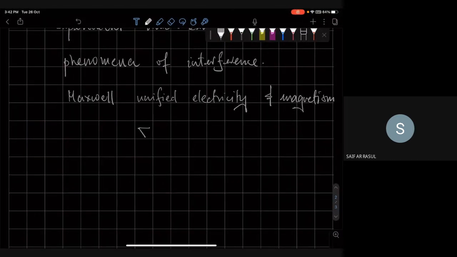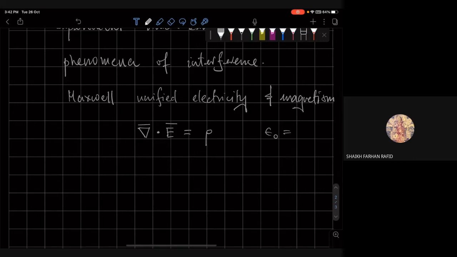So Maxwell's equations are differential equations in three-dimensional language. There are four equations. There's a divergence of E, which is rho by epsilon naught.